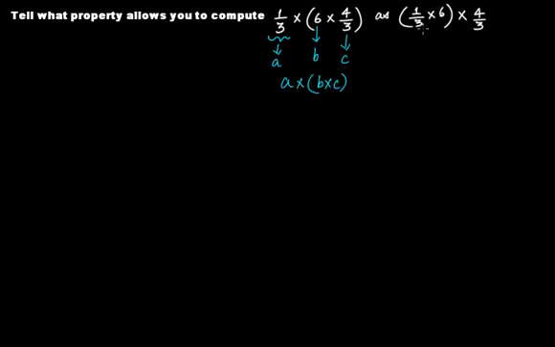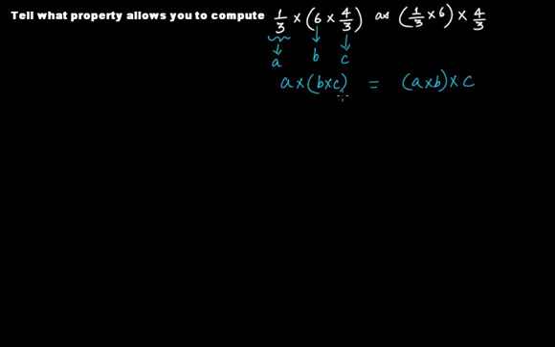But in the other case, it's actually A multiplied by B multiplied by C. And it is asked what property allows you to compute as this one. If you look at this and this expression, these are actually equal, right?